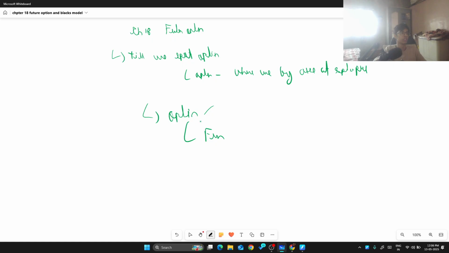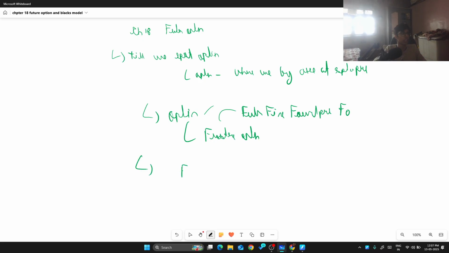That's it: an option on a future with a fixed price. F0 is the initial futures price, and K is the fixed strike price. So the payoff would be the maximum of the futures price at that point minus K, and 0.